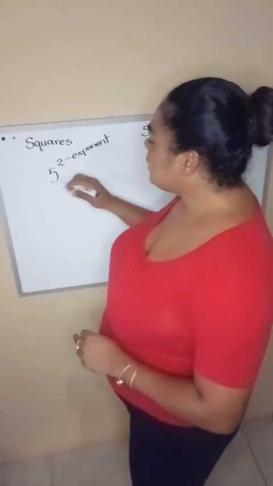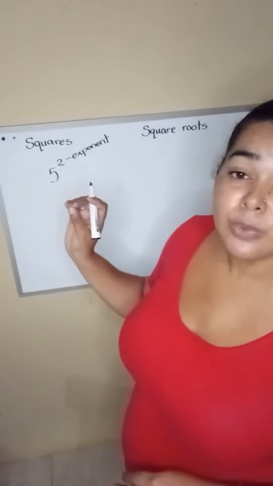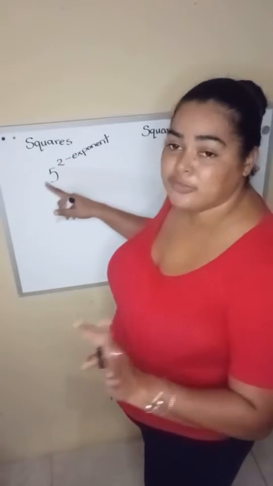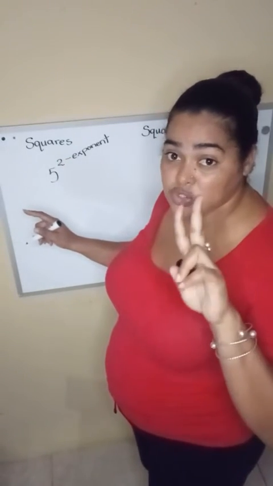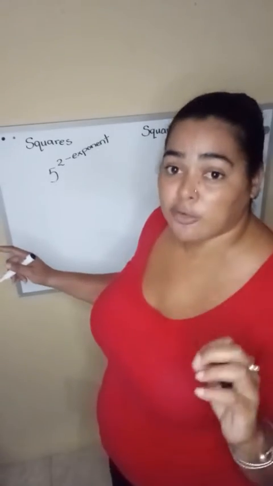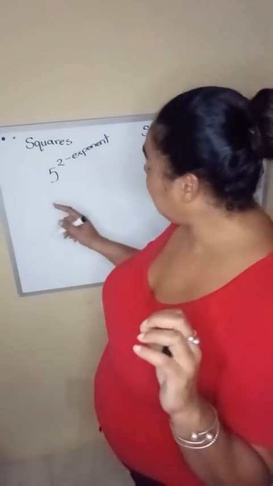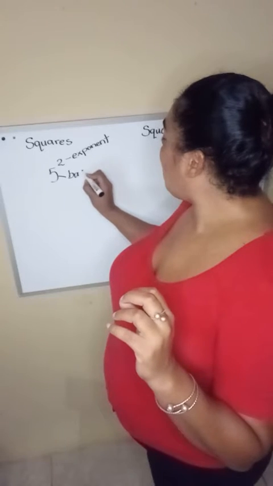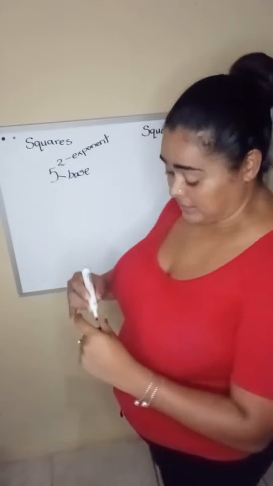So the numbers at the top are called exponents. That can be a 3, a 4, a 5. But for today, we're focusing on 2. So that means that we are focusing on perfect squares. Okay? This bottom number here is called the base.